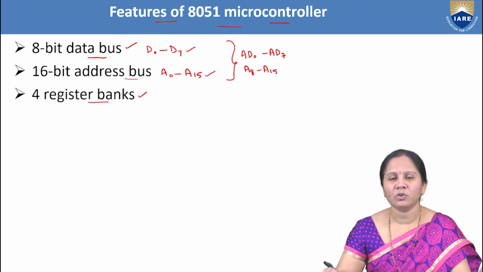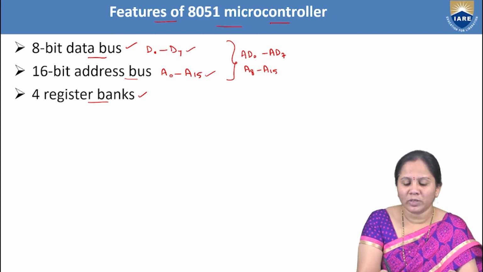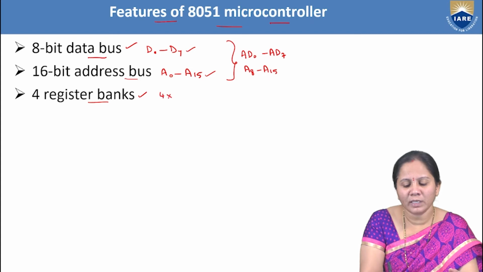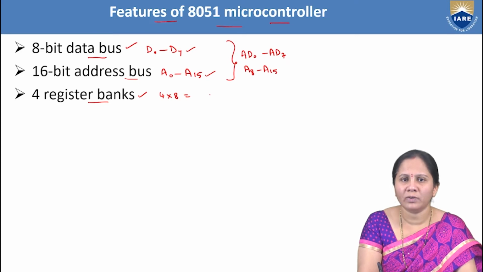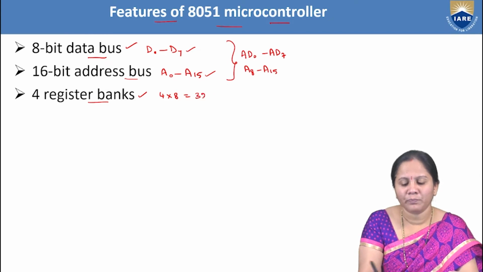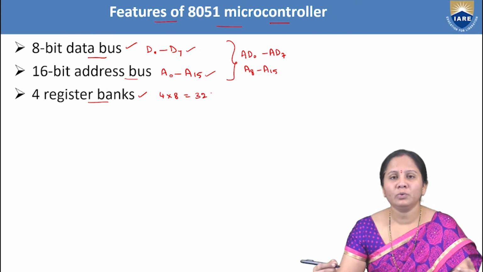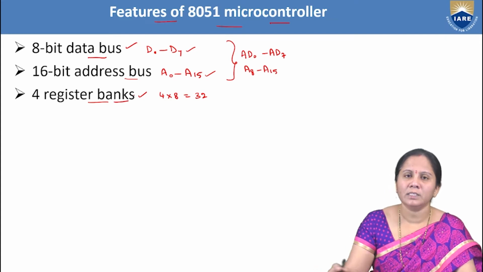Each bank internally consists of 8 registers, from R0 to R7. Each register has its own address in the address space of the RAM. So 8 times 4 is 32, and 32 registers can be taken from the register banks alone.